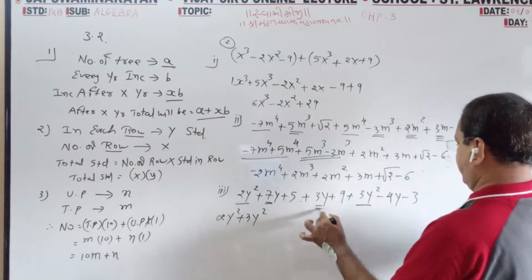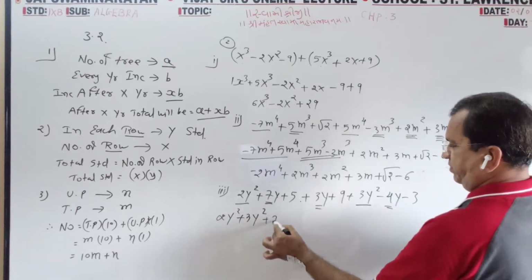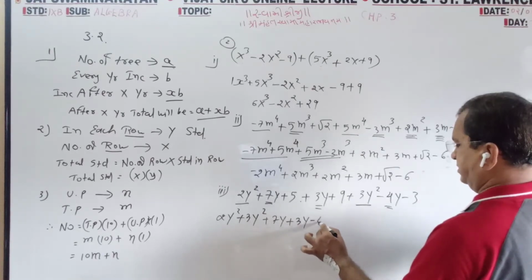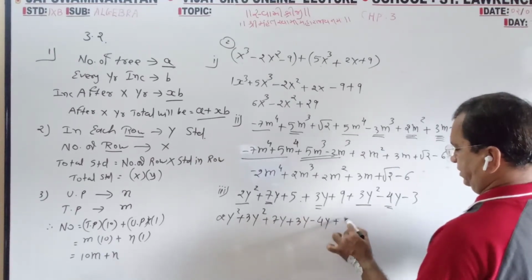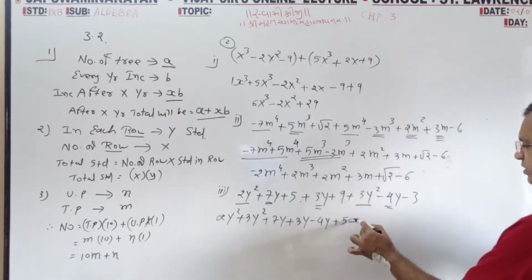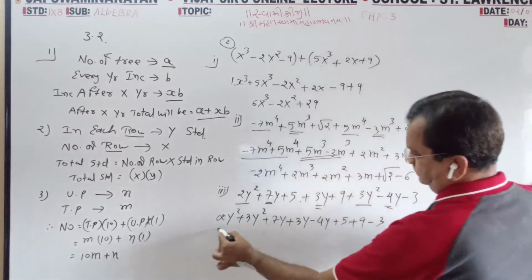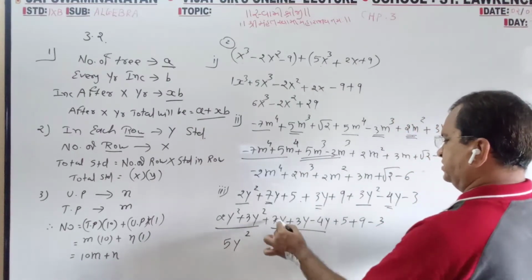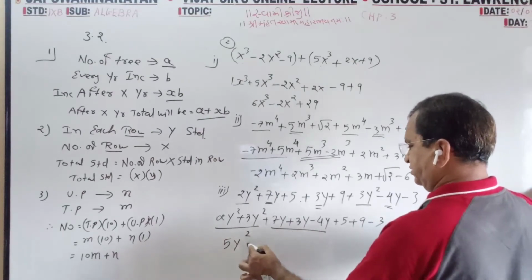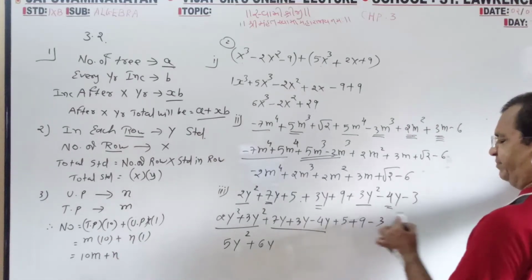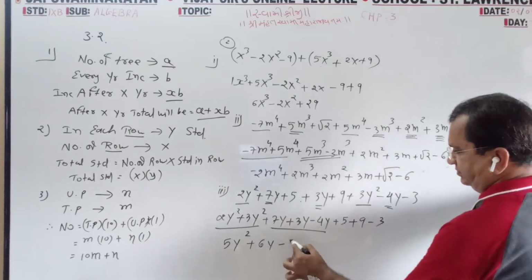Then we will take only y, plus 7y plus 3y minus 4y, plus 5 plus 9 minus 3. 3 plus 2 is 5. 7 plus 3 is 10. 10 minus 4. 5 plus 9 is 14. 14 minus 3 is 11.